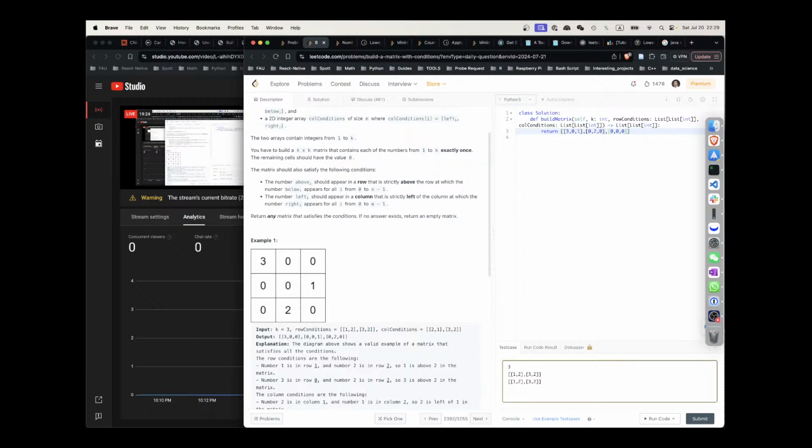Both are 1 to 2 and 3 to 2. Yeah, so we'll DFS this thing, and if during that we encounter a loop, then that's not possible, right? Otherwise, there will always be an ordering.